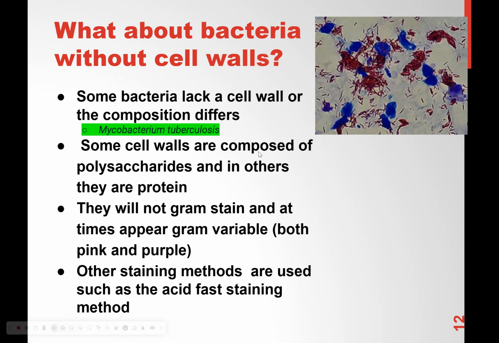So it says some cell walls are composed of polysaccharides, and in others they are proteins. They will not gram stain, and at times appear gram variable, which is what we're seeing. And that's how we can use that acid-fast staining method or some other staining method to help us look at that bacterium. And that's all that I have for this video.